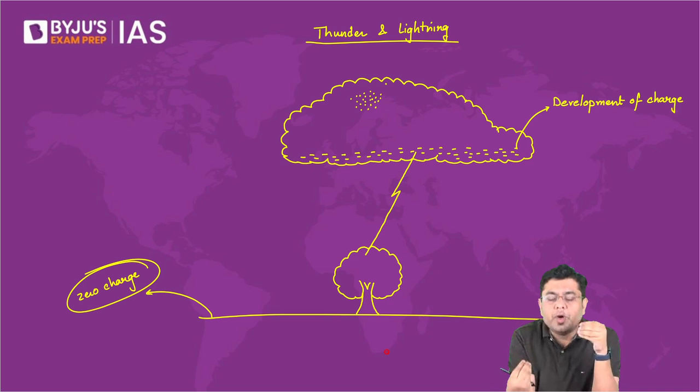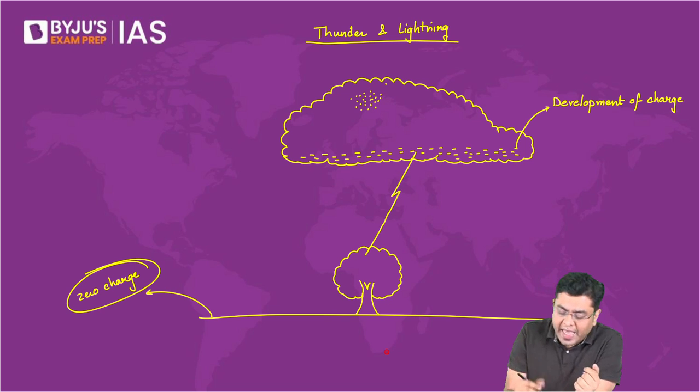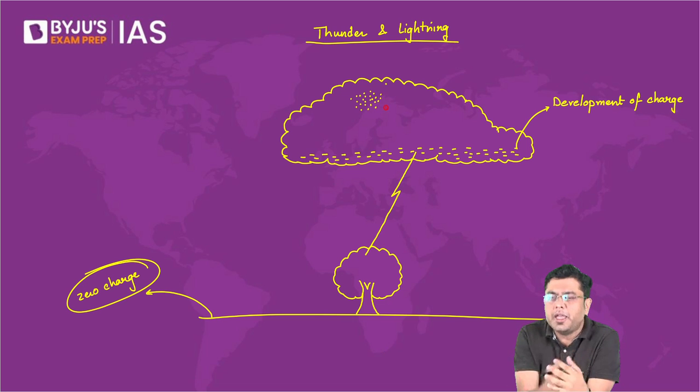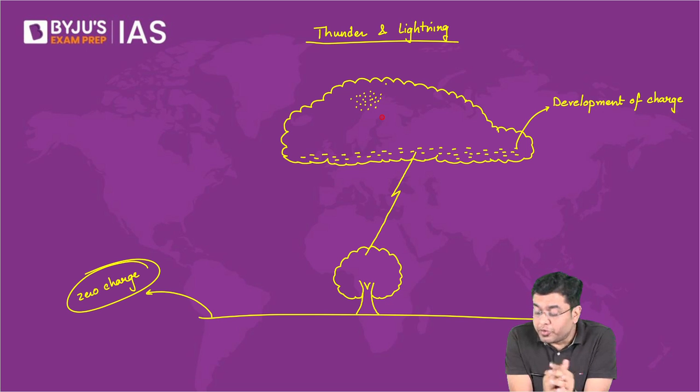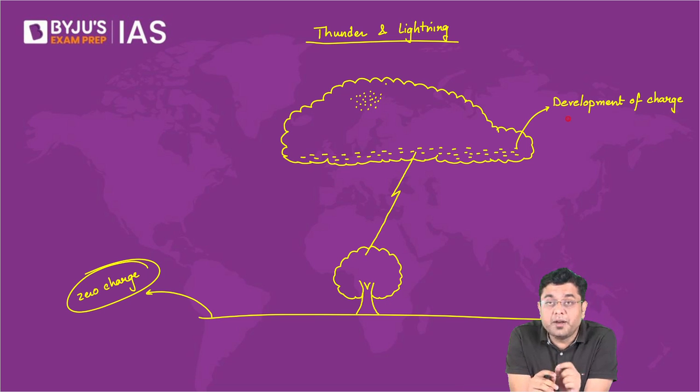So whenever you have rubbing of various different particles, they might develop a charge. As the particles in the cloud keep on moving because of the air movement, etc., that is why the clouds will develop a charge. So this development of charge in the clouds happens because of the movement and rubbing of the particles against each other.